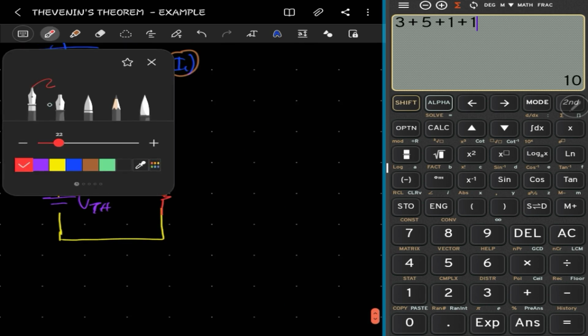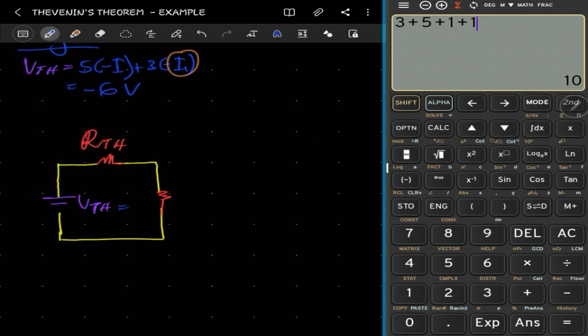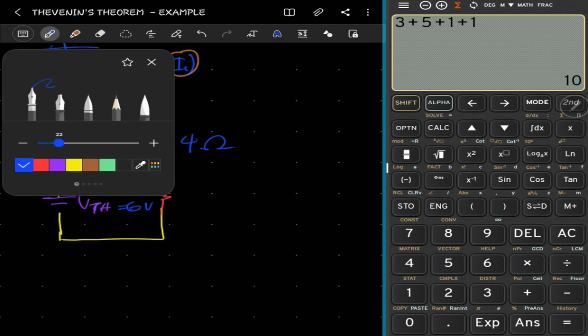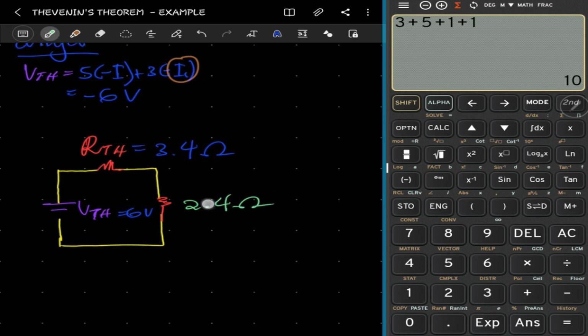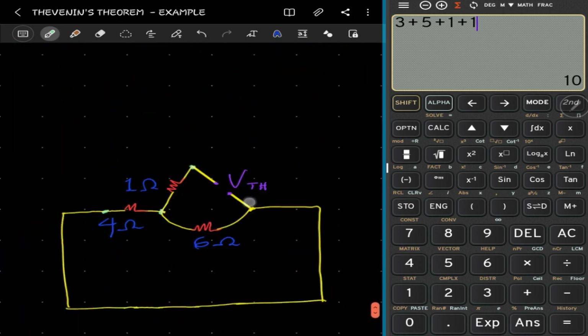So we have all the values we need. We know this is equal to 6 volts, and this is equal to 3.4 ohms, and then this one here, which is our interest, is equal to 2.4 ohms. Let's check to confirm.